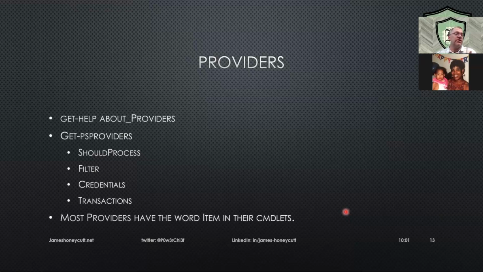And then some of the things you can do are ShouldProcess, Filter, Credentials and Transactions. With ShouldProcess, it means you can use the parameters -WhatIf or -Confirm. The WhatIf parameter is a switch parameter, so it's either on or off. You can write out a command that is going to do something.